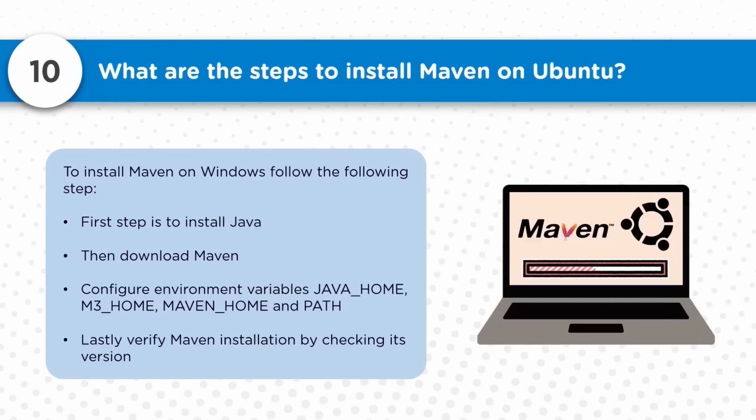Once the JDK is installed, all you have to do is configure the JAVA_HOME, M2_HOME, MAVEN_HOME, and the path variable. Once all the path variables are configured, we will be able to check the version, whether it is correct or we are getting the standard version or not. So that's the main mechanism of how we will be able to configure Maven on Ubuntu.